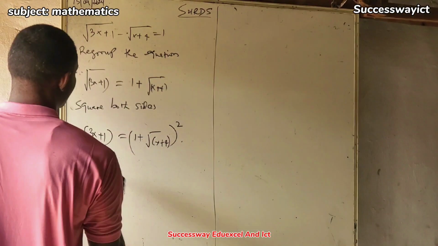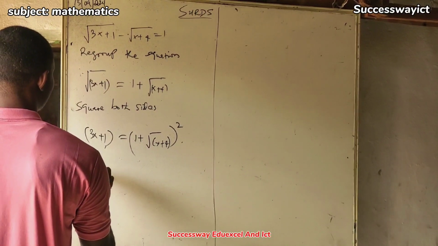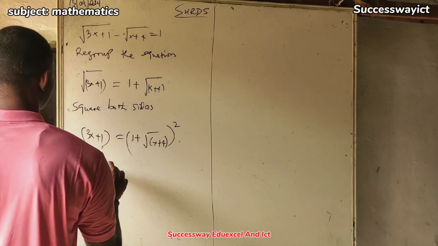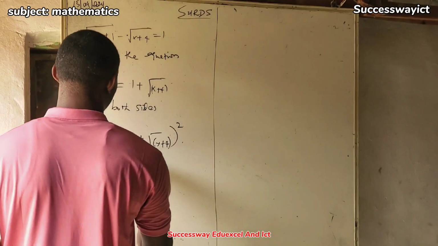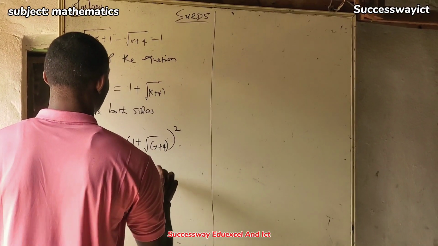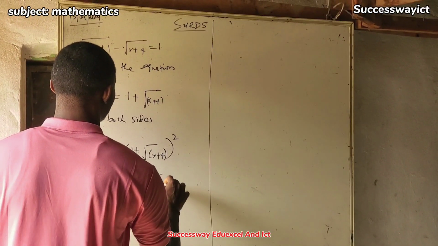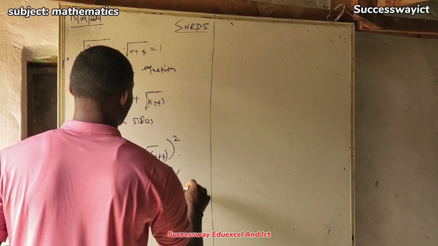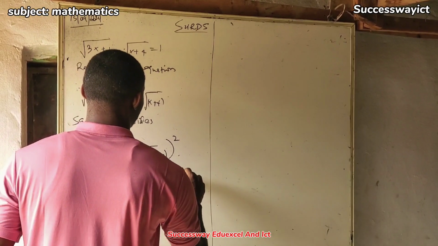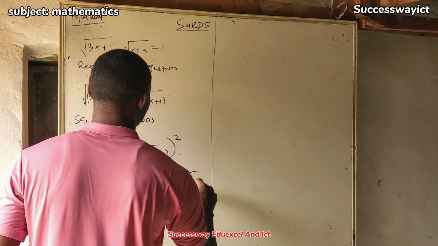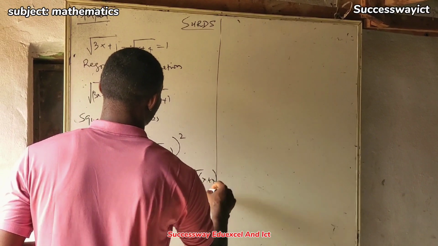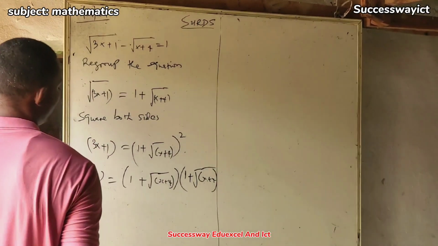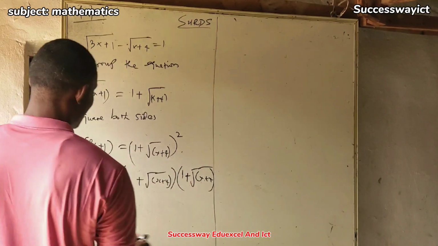Are we together? This implies that 3x plus 1 is equal to 1 plus square root of x plus 4 multiplied by 1 plus square root of x plus 4. Now let's multiply these out.